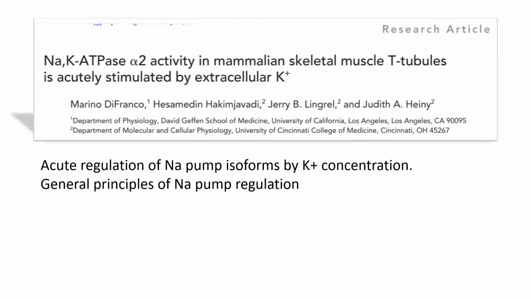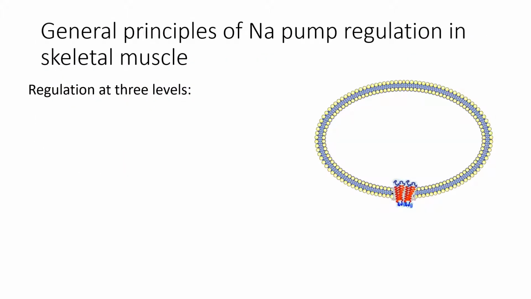The next project that I'm going to discuss here is about the acute regulation of sodium pump isoforms by potassium concentration. But before that, let's review some general mechanisms of pump regulation. The pump is regulated at 3 levels.